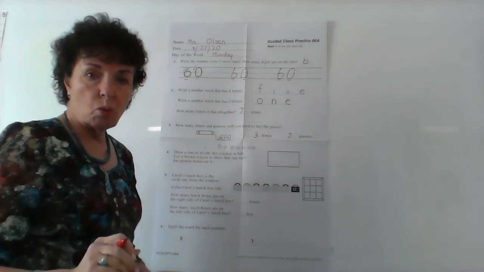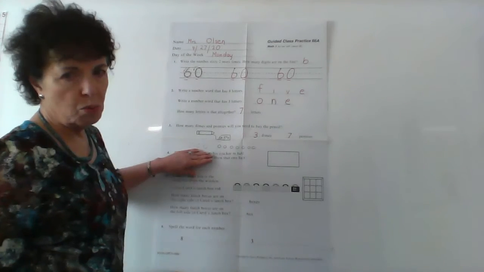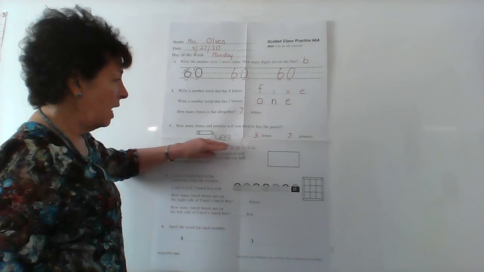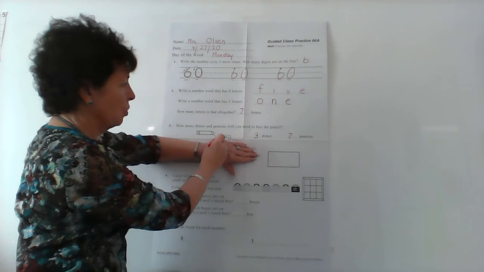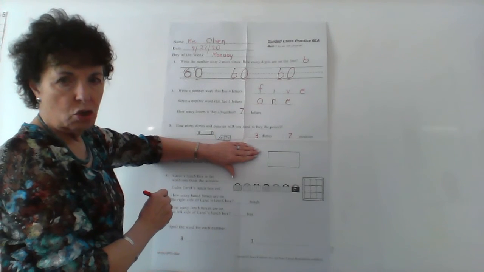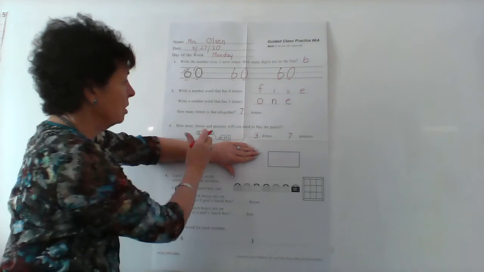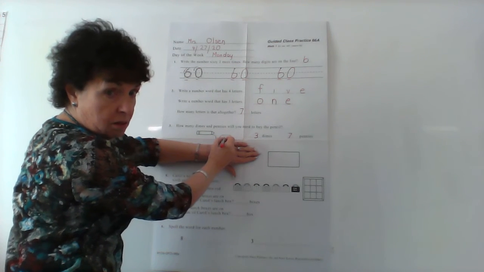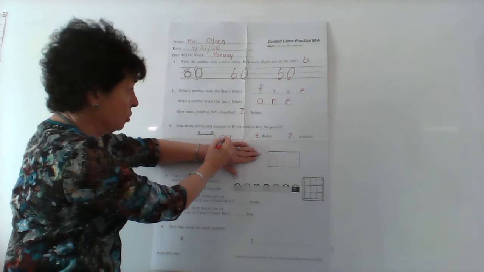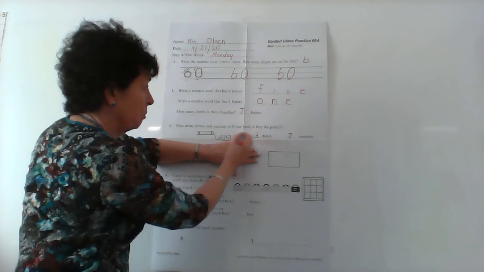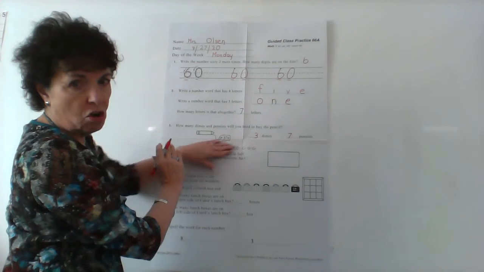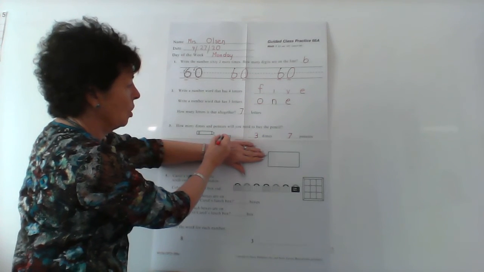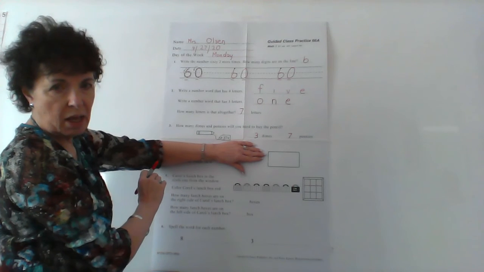Now, the other way you can do it is, you don't really even need to draw the dimes and the pennies. If you know that the number is 37, and you know that the number on the right is the ones, and pennies are ones, you can just write the number 7 right from here to here. You don't even need to draw if you don't want to. If you have 37 cents, we know the 3 is in the tens place.